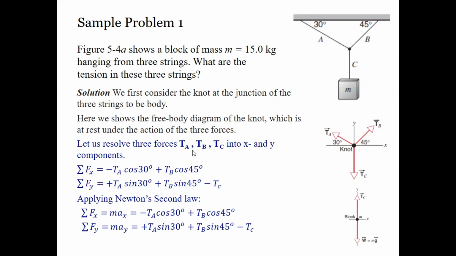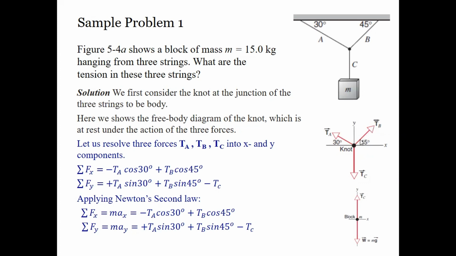So we resolve these three forces TA, TB, and TC into their x and y components, and we know that if this angle is 45 degrees, then this angle is also 45 degrees. Similarly, if this angle is 30 degrees, then this angle along the horizontal x-axis is also 30 degrees.